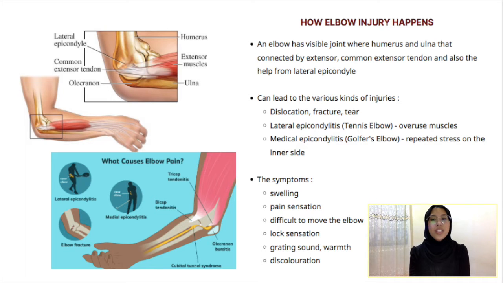And if we are not careful and encounter a dangerous and harmful situation, it can lead to various kinds of injuries. First, we can get dislocation, fracture, or tear. In another case, we can get tennis elbow, in specific terms lateral epicondylitis, which means we overuse our muscle.